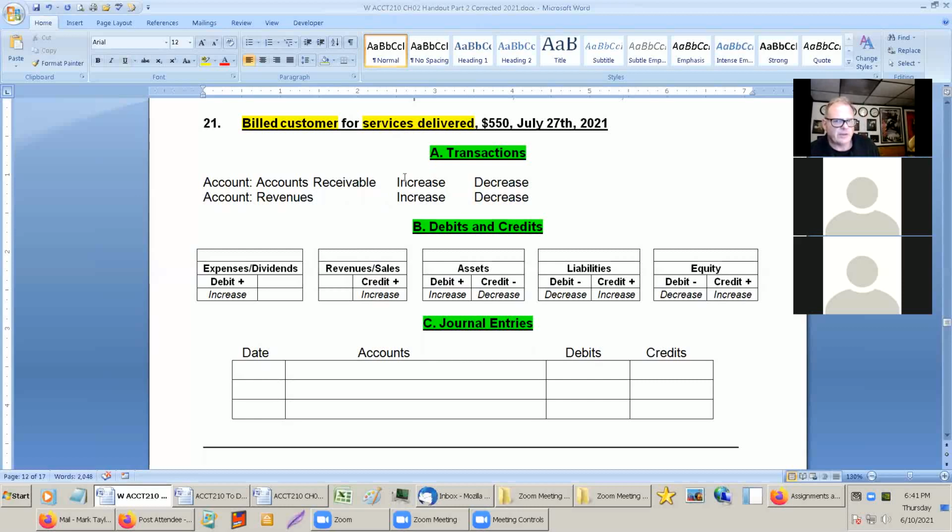Okay, so accounts receivable, is it going up or down? Do they owe us more? Up. Yep. And revenues are always going up. So revenues and expenses are always going up, again, unless something wacky happens. Okay, so we have a revenue.